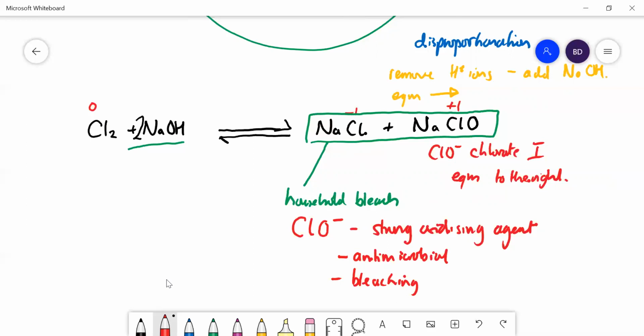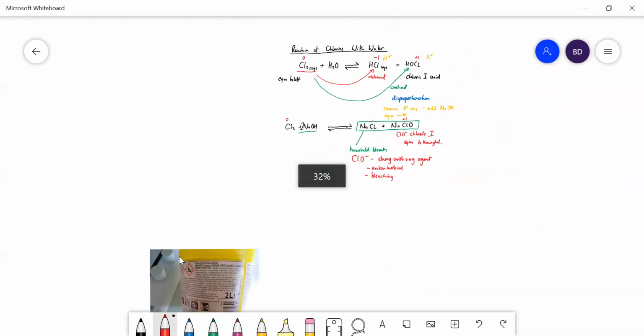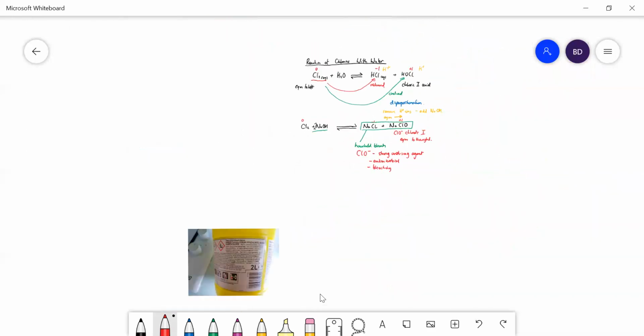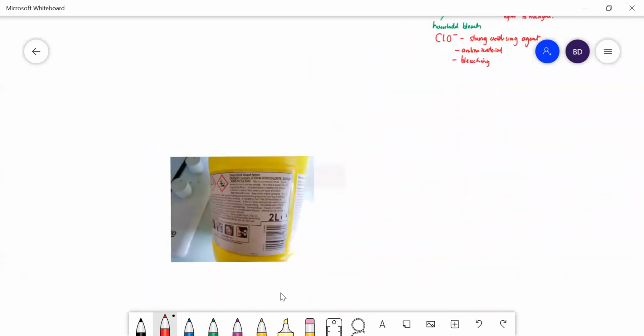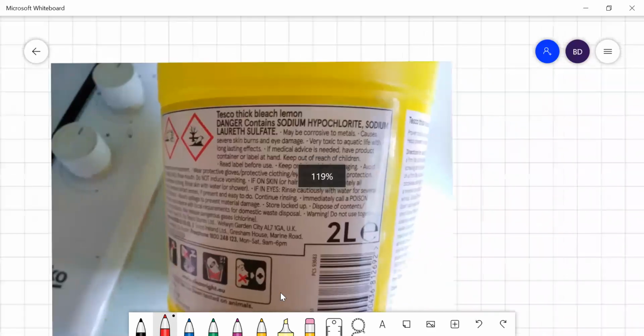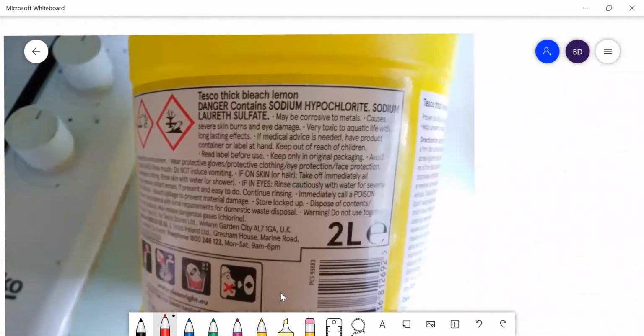Right, now if you ever look on a bleach bottle label, and I've got one here, it usually says, so I'll just make that bigger. If you can see this bit here, it says it releases dangerous gases, chlorine, that bit there.